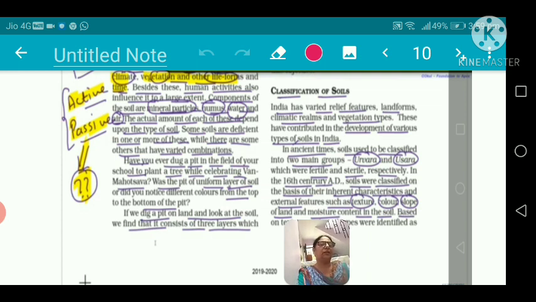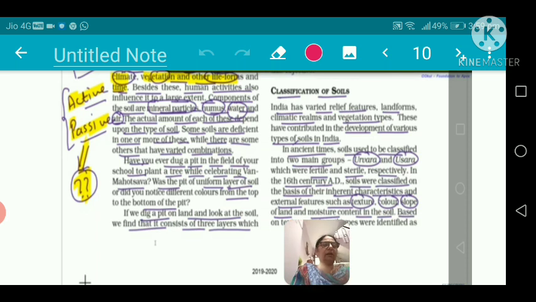That's why these soils have different types of layers. Three major layers, and based upon their layers, varied features, landforms, climate, and vegetation type, different types of soil develop.